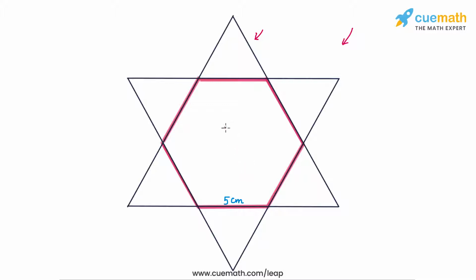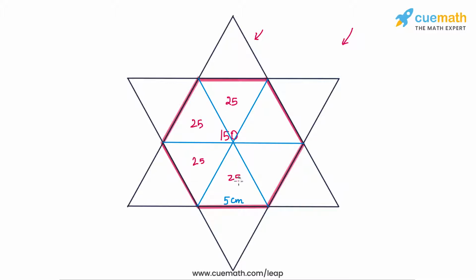Okay, so basically how many equilateral triangles of side 1 centimeter can we now fit into this pattern? So we saw earlier that inside the hexagon of side 5 centimeter we can fit 150 triangles, because we can cut up this hexagon into 6 equilateral triangles of side 5 centimeter, and each of these 6 triangles can fit 25 equilateral triangles of side 1 centimeter.